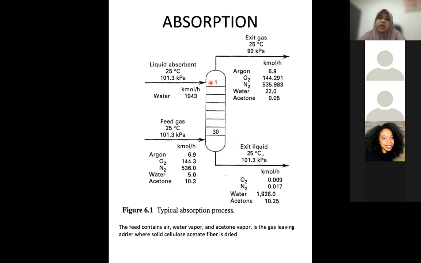In this case they're using a tray column, but for our learning purposes, because we have learned about the tray column in distillation, for this absorption we're gonna learn it with a packed column. After the absorption, in about 2 weeks, we also have another assignment about packed column design.